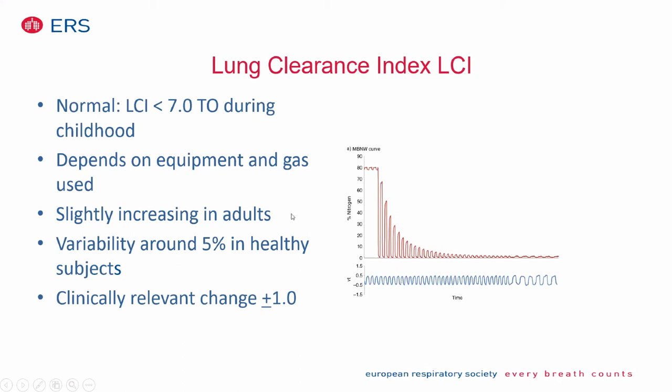If you have older subjects, LCI will increase slightly, but not very much. During childhood, school age, adolescence, there is no real change, there are stable reference values. And the variability is also very low, like the volumes in spirometry, around 5% in healthy subjects. And a clinically relevant change is probably ±1 for the lung clearance index.